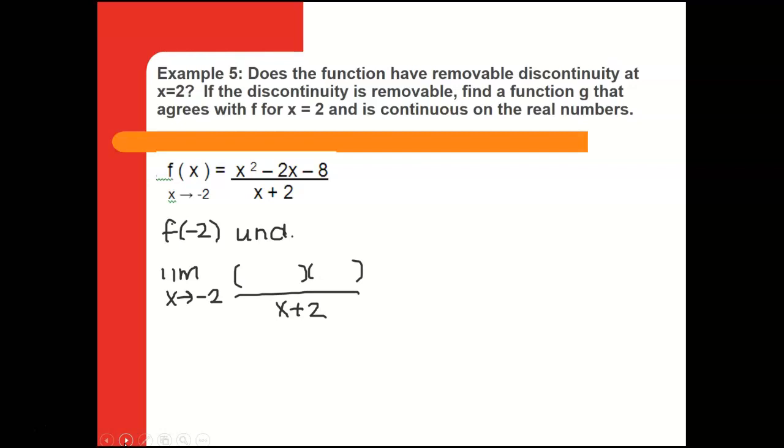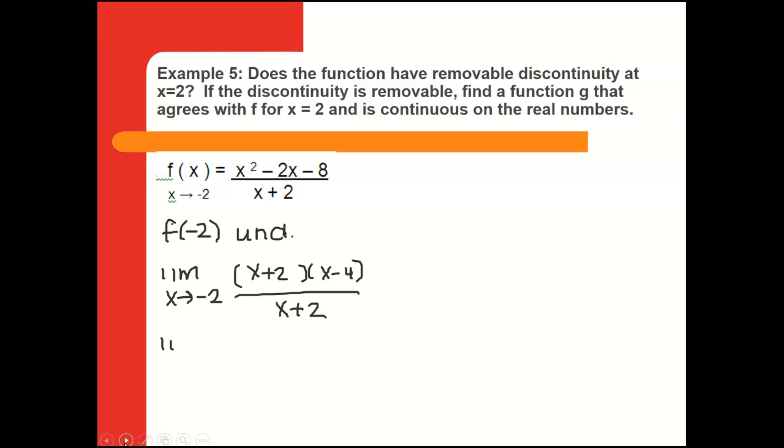So in this case, we're going to factor the top so that we get x plus 2 times x minus 4. So the quantity x plus 2 cancels, creating that removable discontinuity.